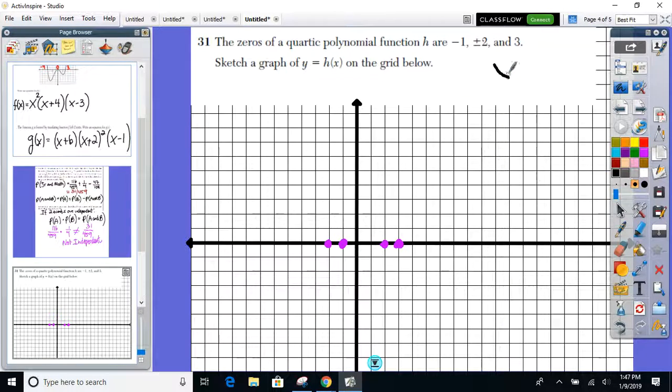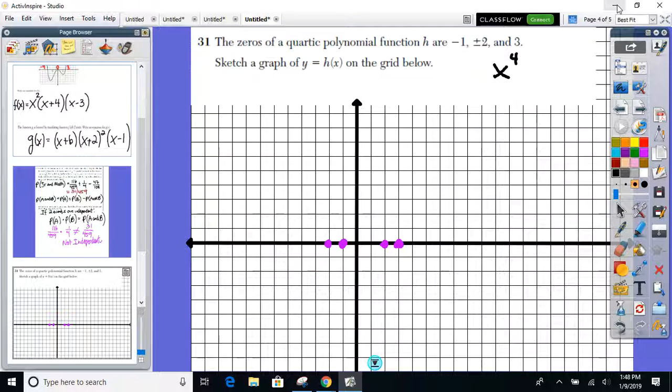All right. So definitely something to the 4th is my highest exponent. Do you remember at all last year what the graphs look like if the highest exponent was even? The graphs look different if the highest exponent is odd versus even. You can do it right on your calculator right now. Everyone type x to the 4th into your calculator and look at that graph.